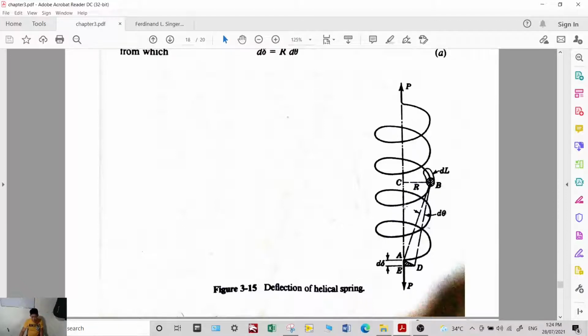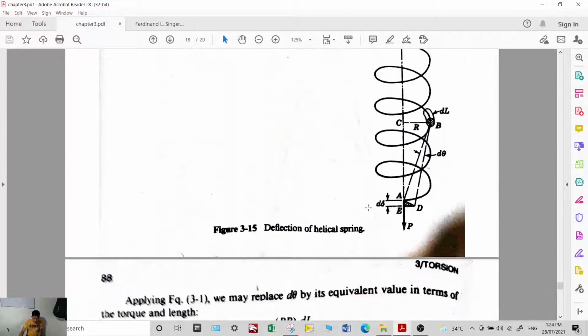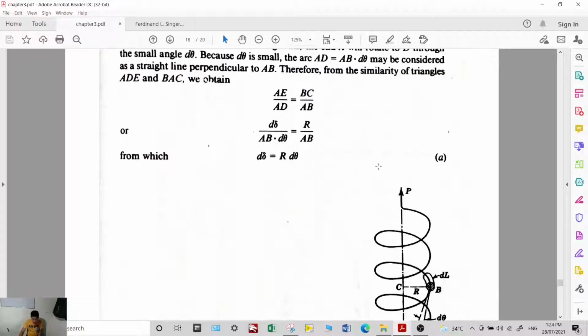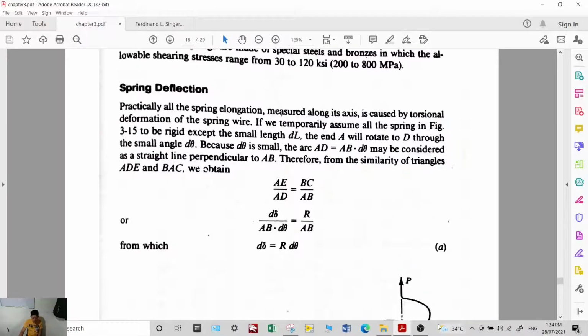D theta is the deflection from A to D. Because the theta is small, the arc AD is just equal to AB times the theta. Ang AD na value is AB times the theta.